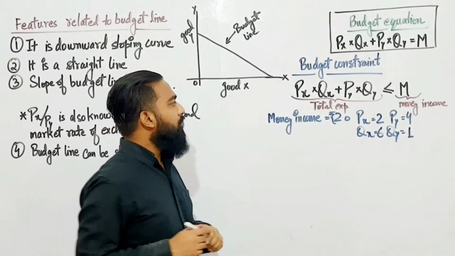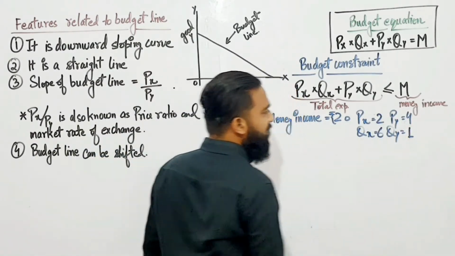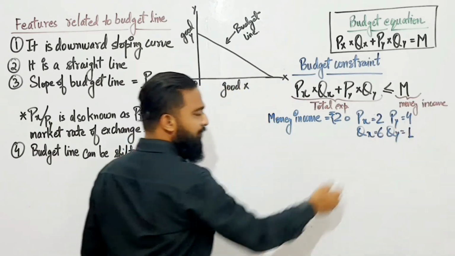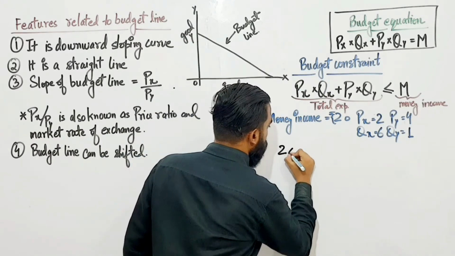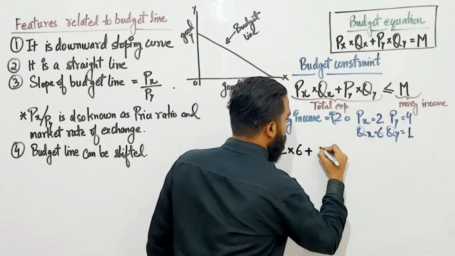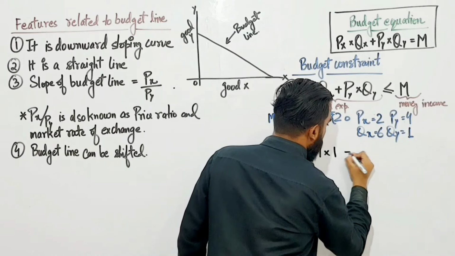Understand it with this example. Now the money income is 20. Price of good X is 2, price of good Y is 4, the quantity of good X is 6 and the quantity of good Y is 1. Now let's calculate. Price of X 2 into quantity of X 6 plus price of Y 4 into quantity of Y 1.